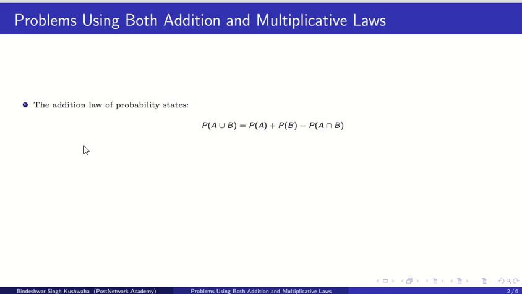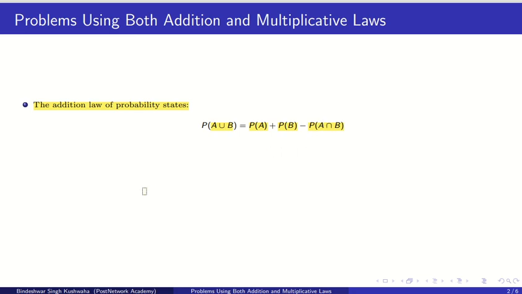So the addition law of probability states that the union of two events, where the two events are A and B, would be equal to P(A) + P(B) minus the common part between these two events.